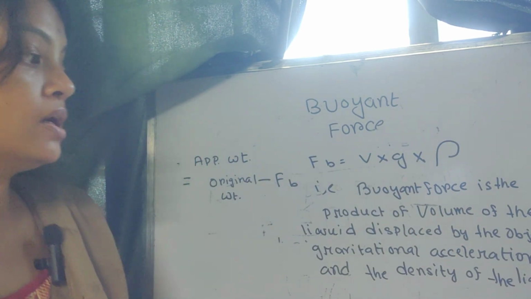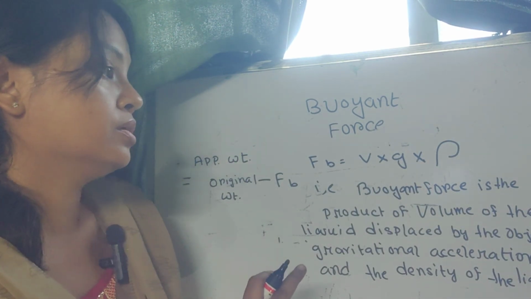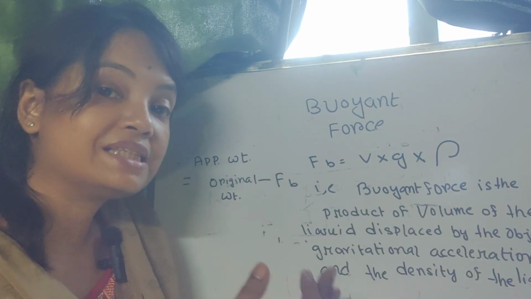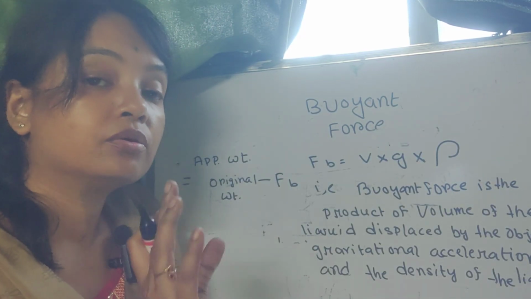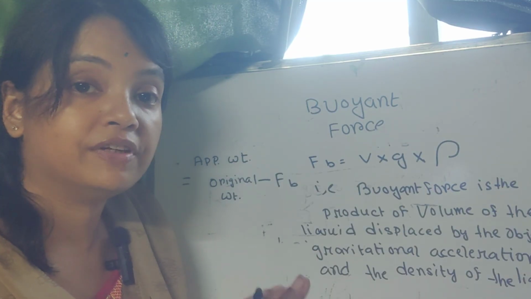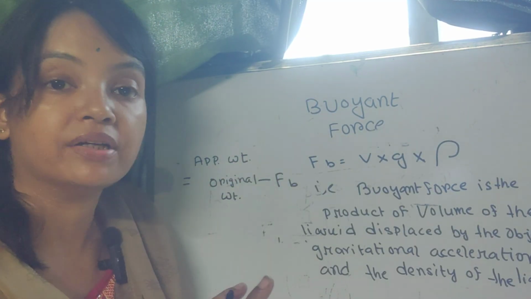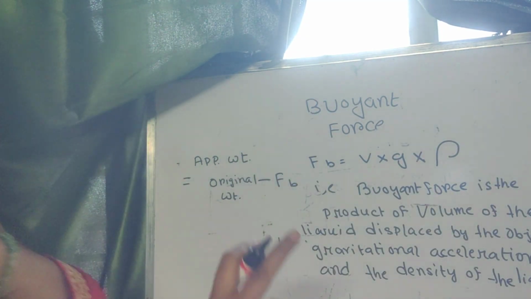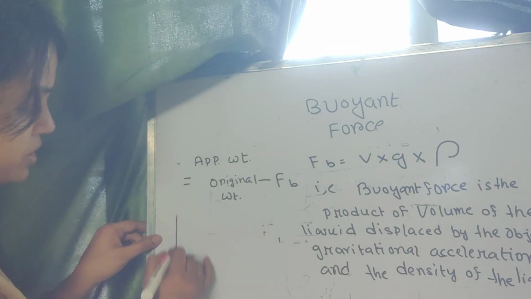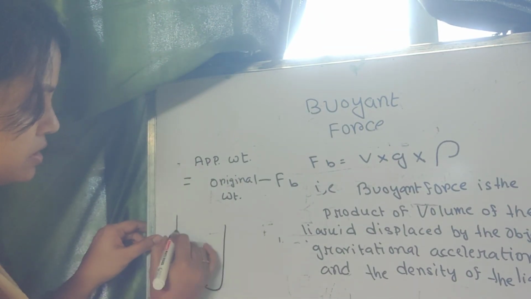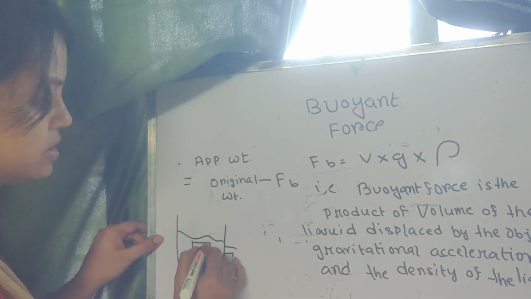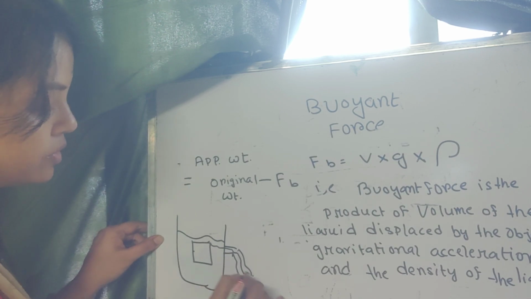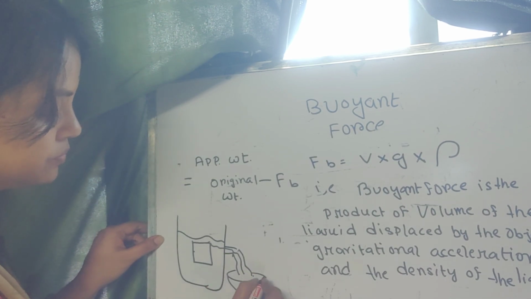Okay. Now, the weight of the water which is displaced by the object is perfectly equal to that buoyant force. That means if here is the object dipped inside the water, and suppose this object displaces some water here, we are collecting the water.